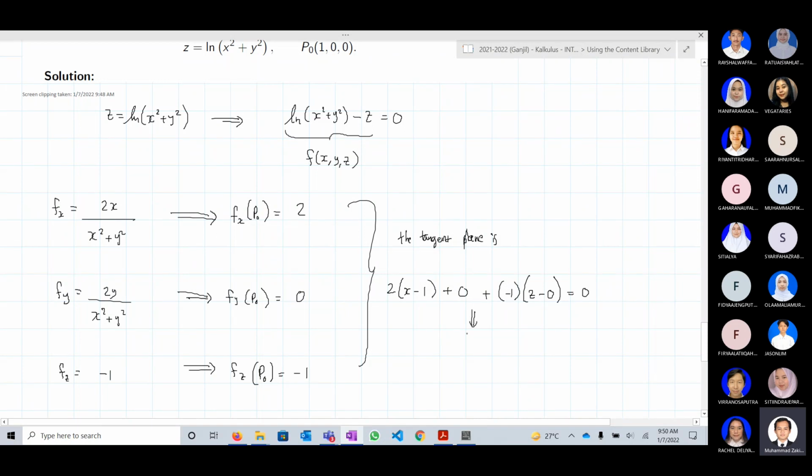Then we have 2x minus z equals minus 2, we move to the right, equals 2.